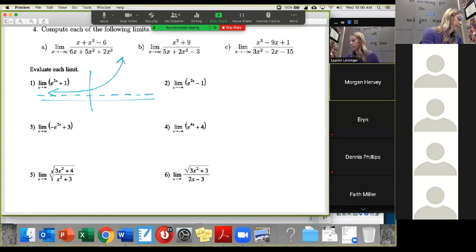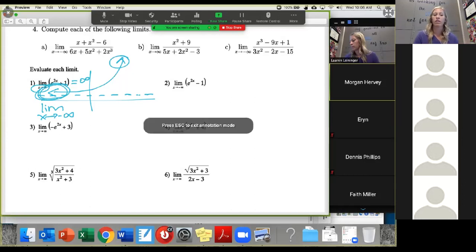So the limit as we approach infinity means I'm tracking that. That is then headed off to infinity. However, if I asked you the limit as X approaches -infinity, that's where you would track this part that's getting closer and closer to 1. So it depends on which end they're talking about in the graph. That's kind of why I draw a sketch real quick to help me with that.